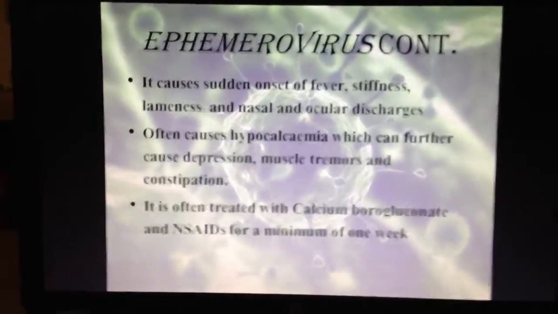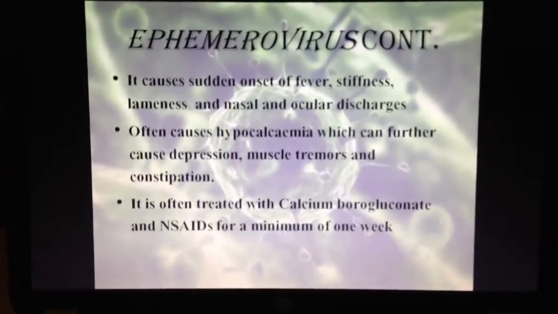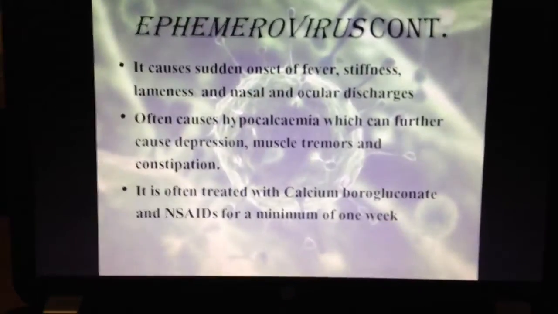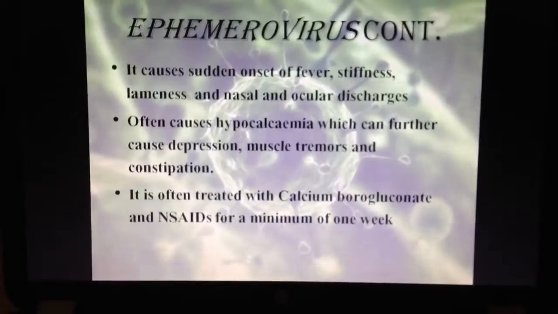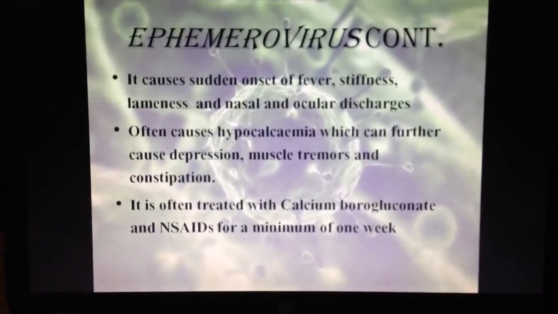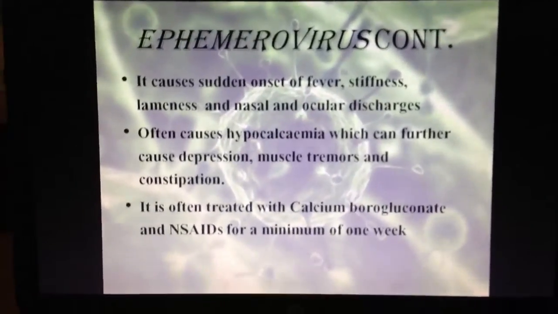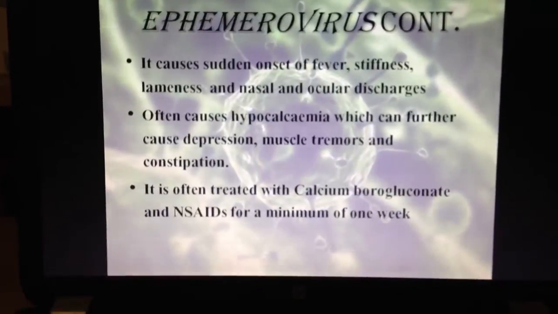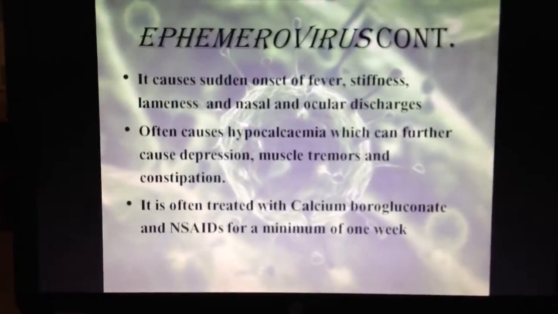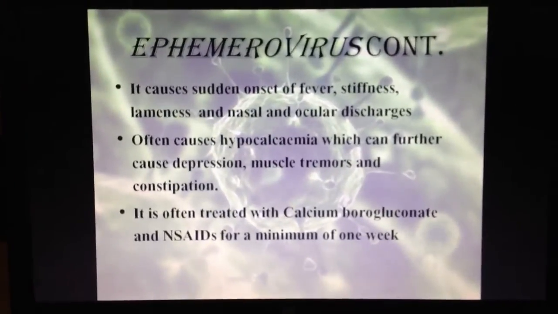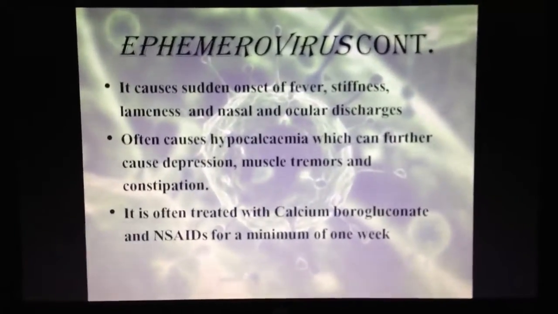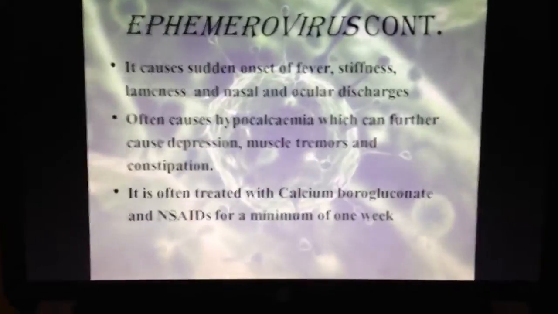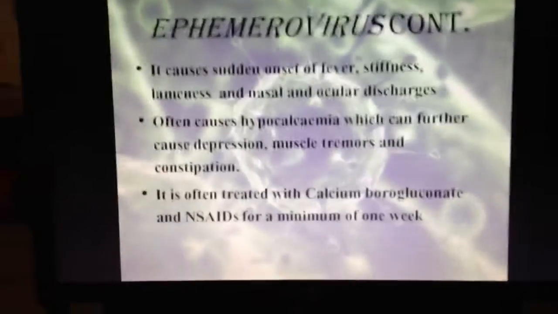It causes sudden onset of fever, stiffness, lameness, and nasal and ocular discharges. It often causes hypocalcemia, which can further cause depression, muscle tremors, and constipation. It is often treated with calcium borogluconate and non-steroidal anti-inflammatory drugs for a minimum of 1 week.